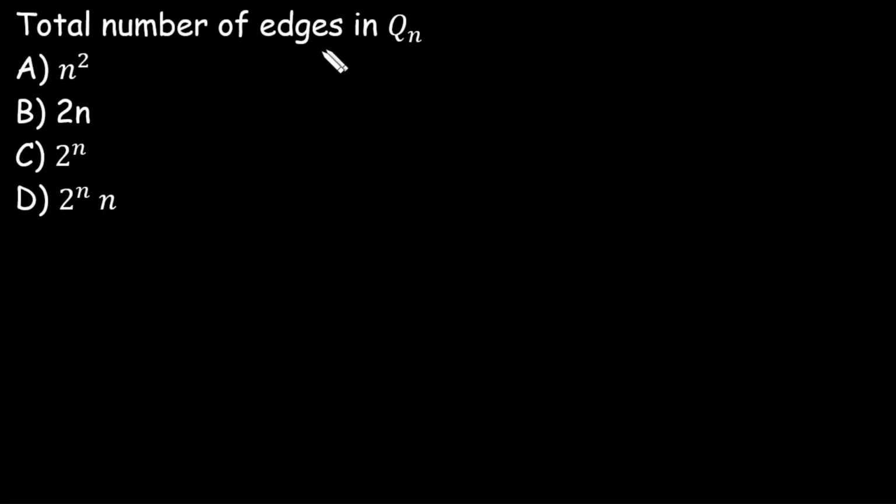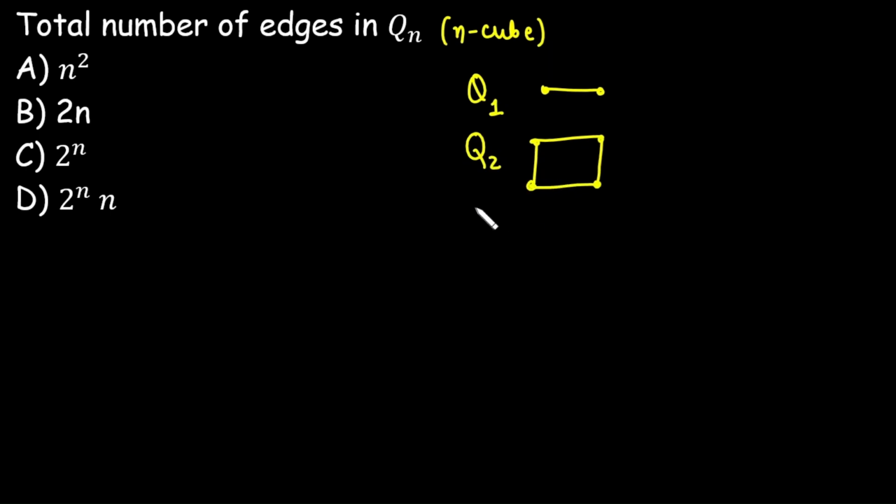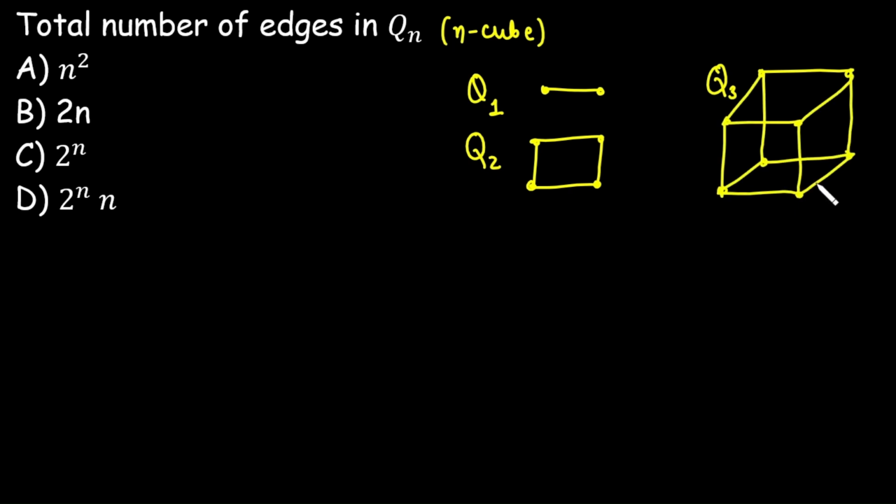Next, total number of edges in a Qn. Qn is again the n-cube. So in Q1, how many edges do we have? That is only 1. In Q2, how many edges do we have? That is equal to 4. In Q3, how many edges do we have? That is 12. So here the numbers of edges are 1, 4 and in this case 12.